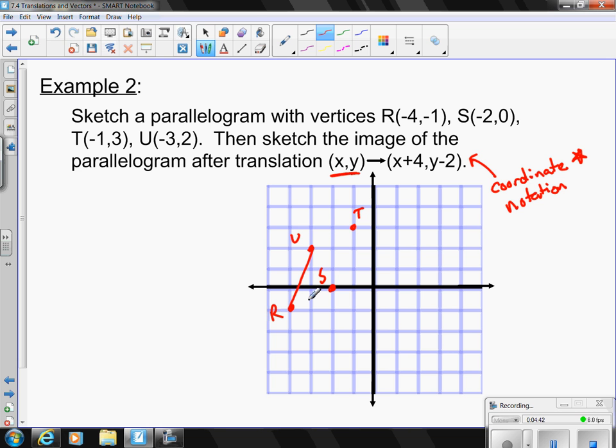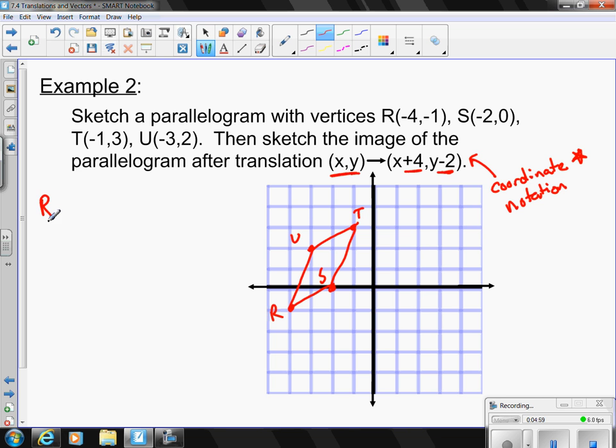All right, so we have this. Looks like a parallelogram. We want to translate by this coordinate notation. So we're taking a point x, y, and we're going to add 4 to the x coordinate and subtract 2 from the y coordinate.